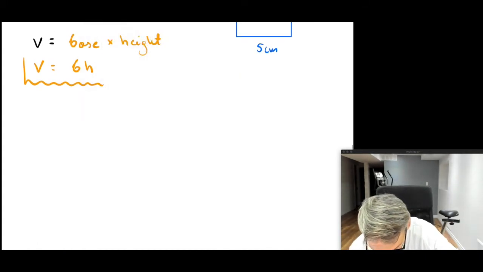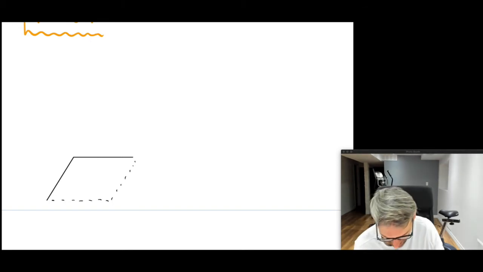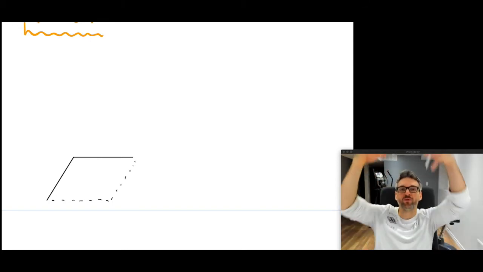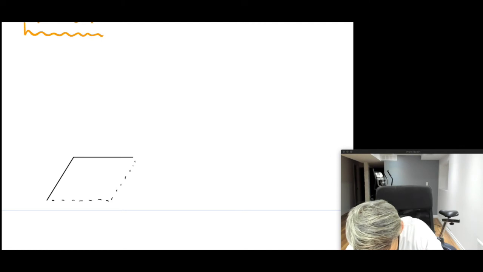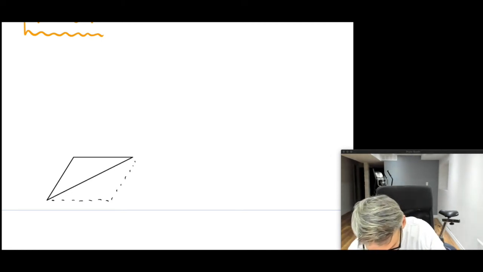Boy, I'm really pushing my drawing skills here, but I'm going to give it a shot. So let's say I have this, and I'm doing a triangle in here. So instead of doing a rectangle as my base and then moving it up, what I'm going to do is create a triangle in here. Let me erase this junk here.